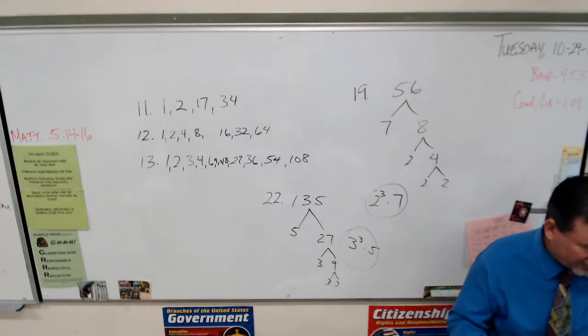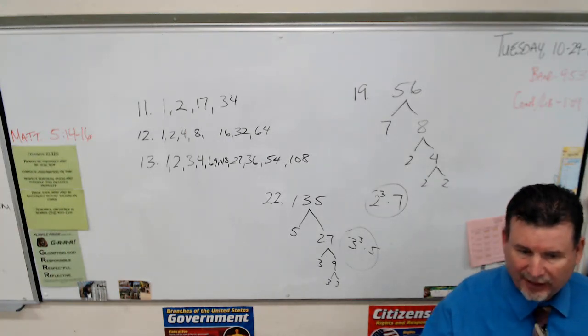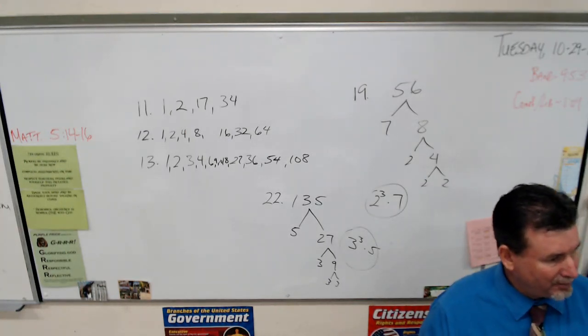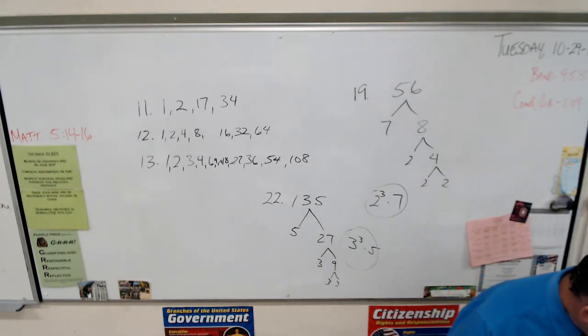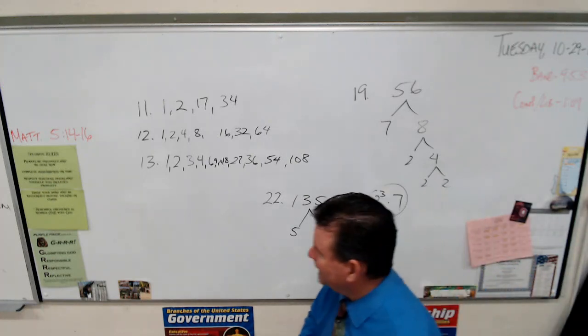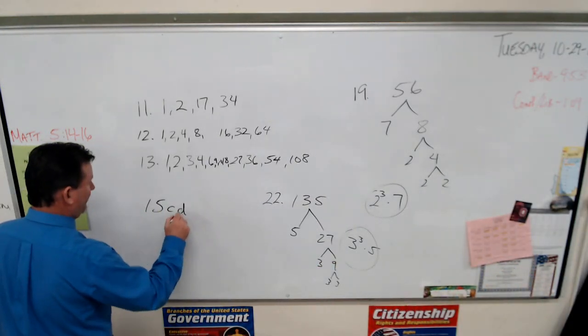27. Toughest one so far, because it's not just a number, it's got variables attached to it. But Elise says, that's okay. She likes monomials. So 15CD, if I was going to factor that out, this is number 27.